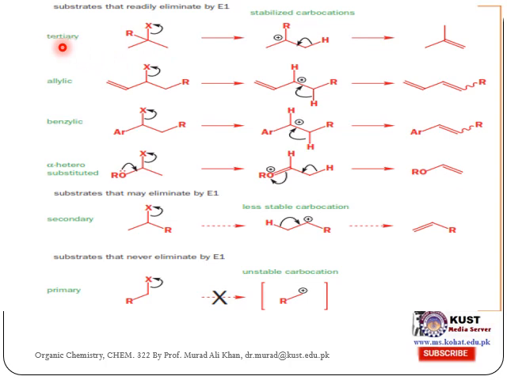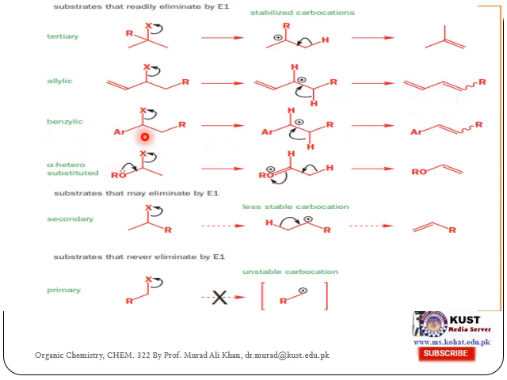That is, the tertiary halide, the formation of a tertiary carbocation, and we will get an E1 elimination. Allyl halide, and we will get an allyl carbocation and an E1 reaction.